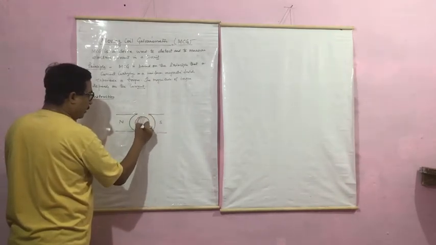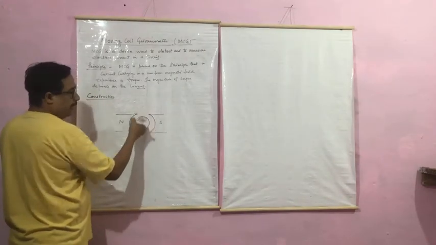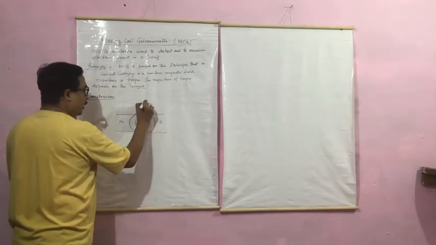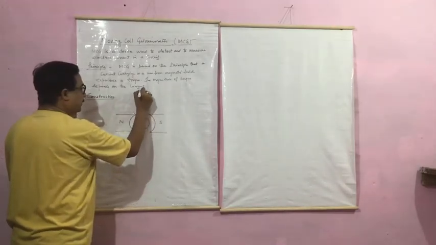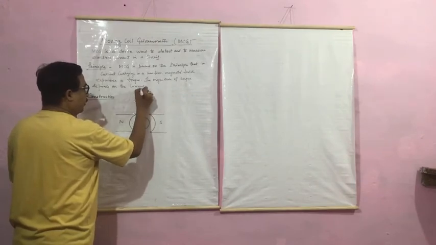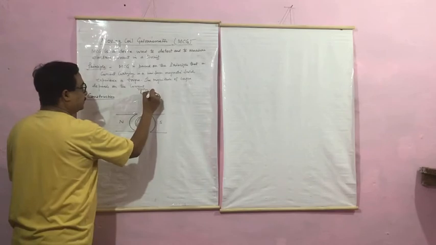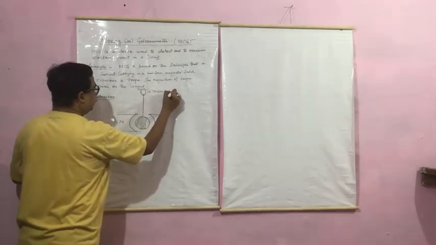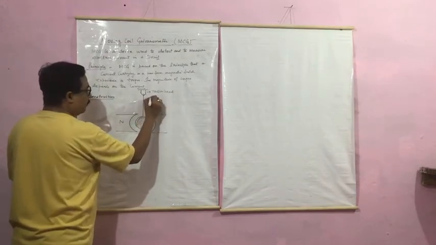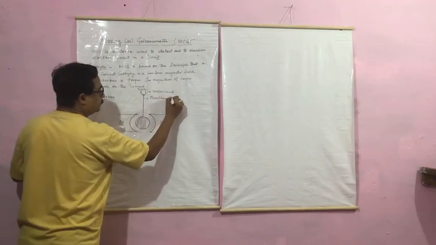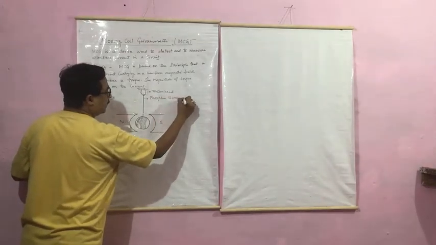I am drawing here the spherical core, and the coil is wrapped on it with n number of turns, and this is suspended through a phosphor bronze thread with the help of a torsion head. This is the torsion head. This thread is phosphor bronze thread.